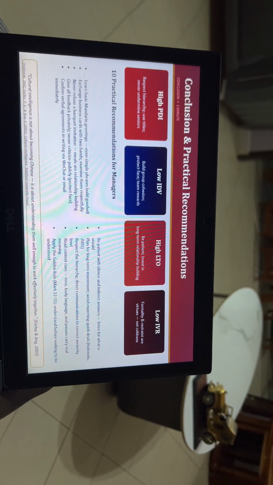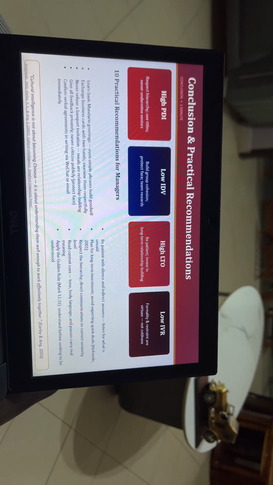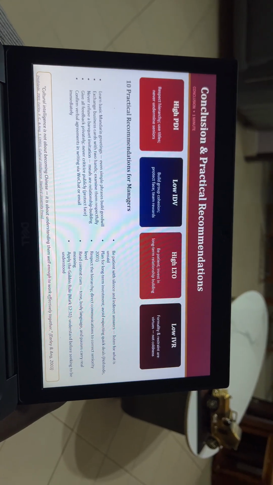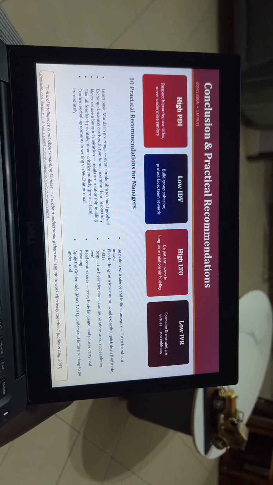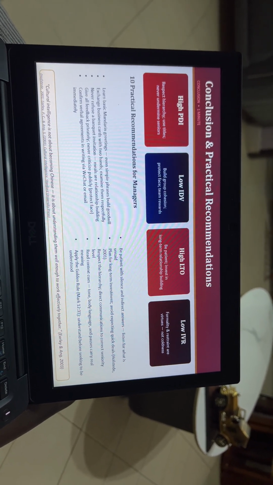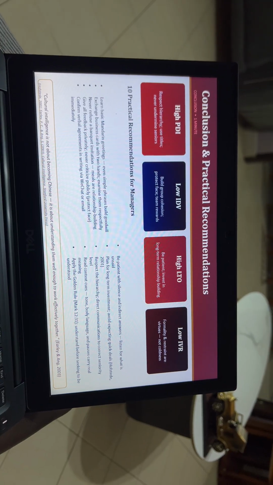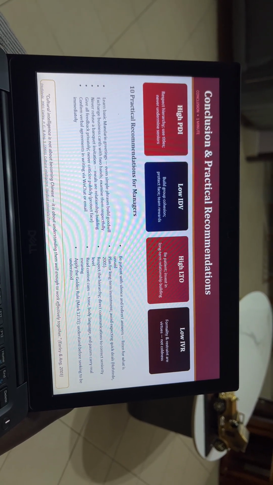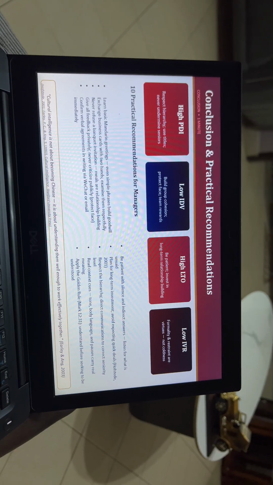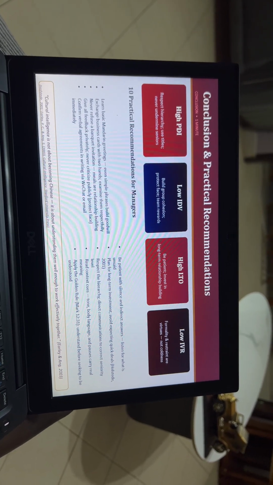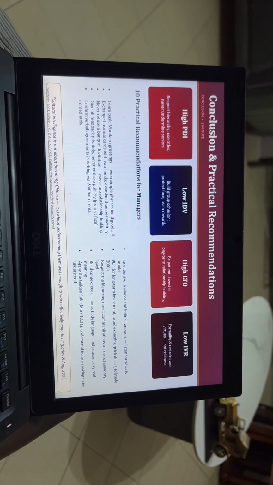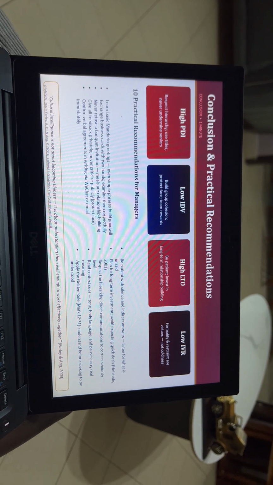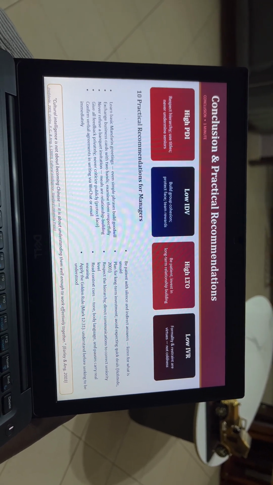Now, for the manager to settle properly in China, he needs to take note of some of these 10 practical recommendations for managers. Number 1, learn basic Mandarin language. Even simple phrases build goodwill. Number 2, exchange business cards with 2 hands.